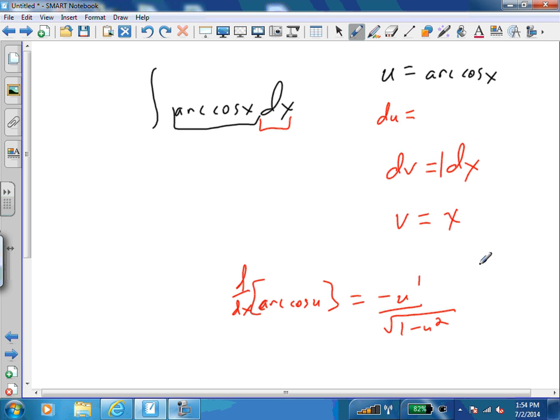So in our case, our u is x, so our derivative of arc cosine is minus u prime, so the derivative of x is 1, over the square root of 1 minus u squared, so x squared. So that gives us our u, v, du, and dv.